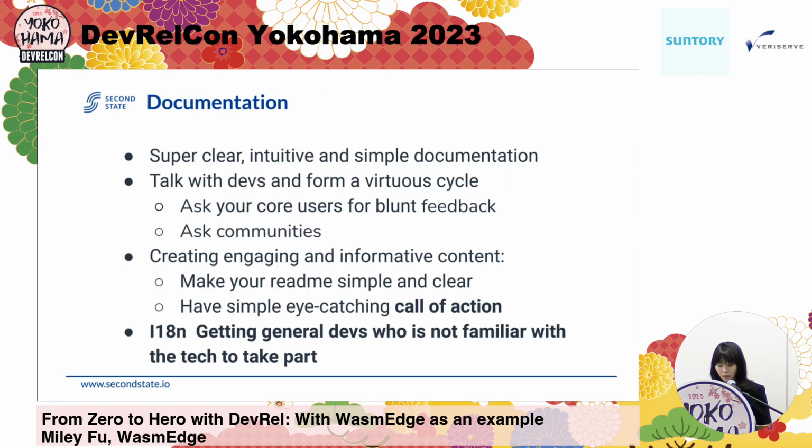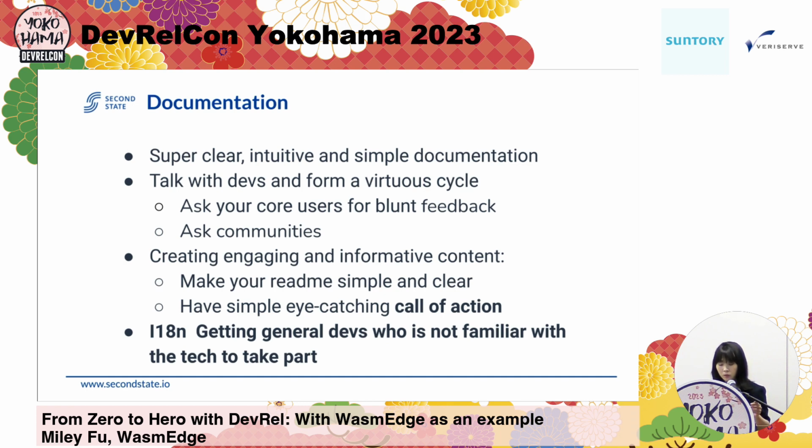So for documentation, I think before our documentation was not that intuitive. By not intuitive, I'm talking about when a developer tries to look for the things they want, they might not immediately find what they want to read.